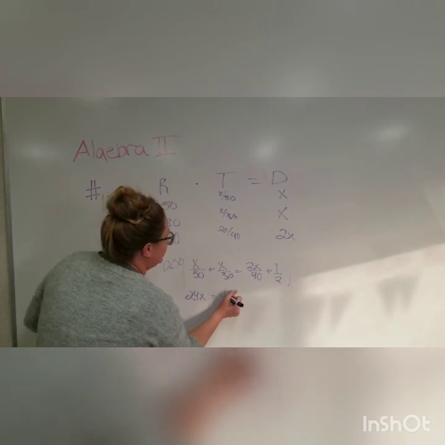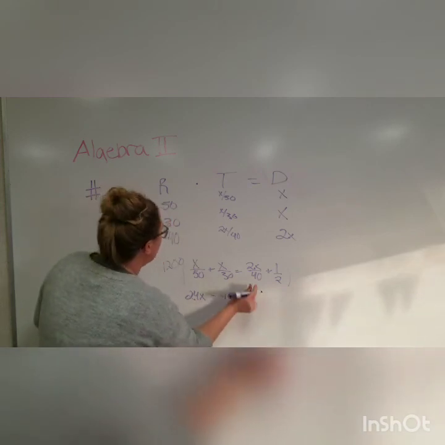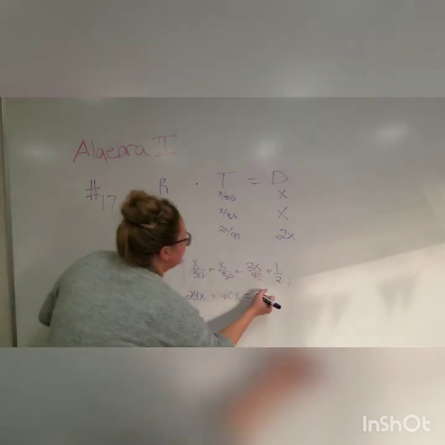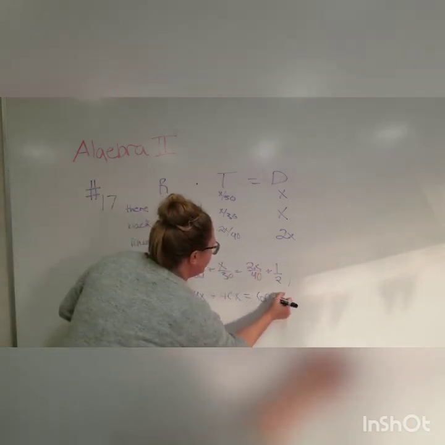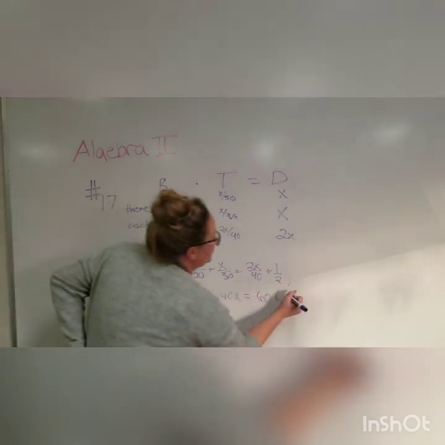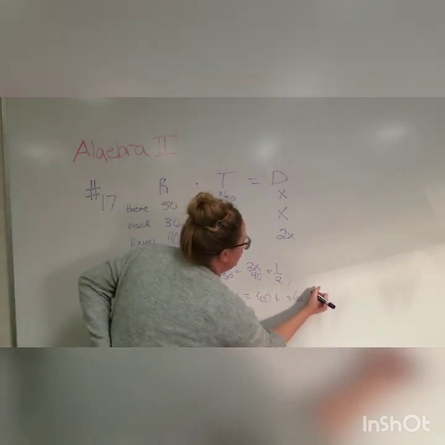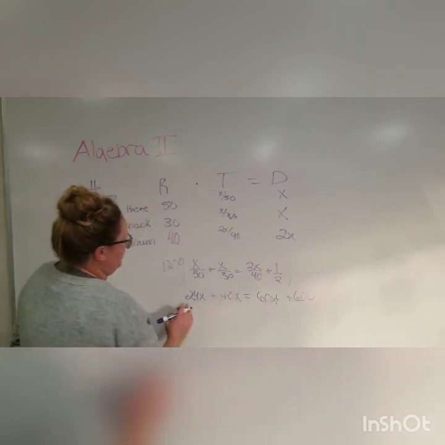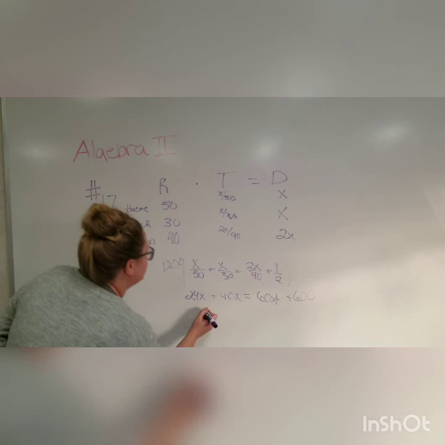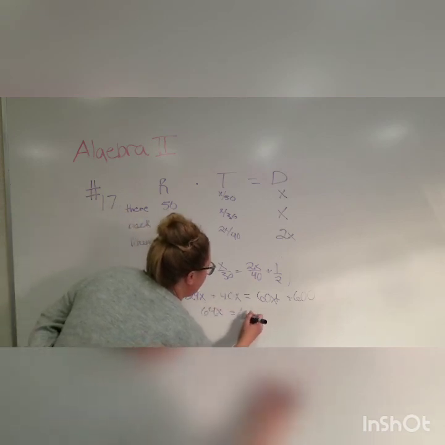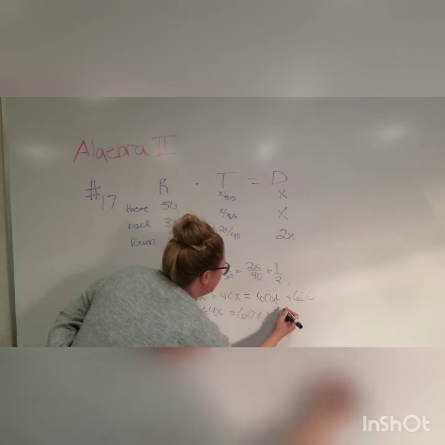And 40 goes into 1,200 30 times, but 30 times 2x is 60x. And then 2 goes into 1,200 600 times, so plus 600. So combine your like terms. 24 plus 40 is 64x equals 60x plus 600.